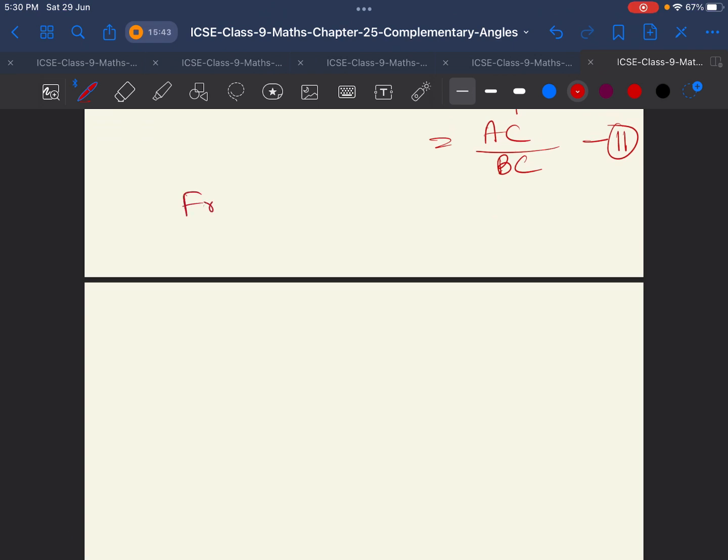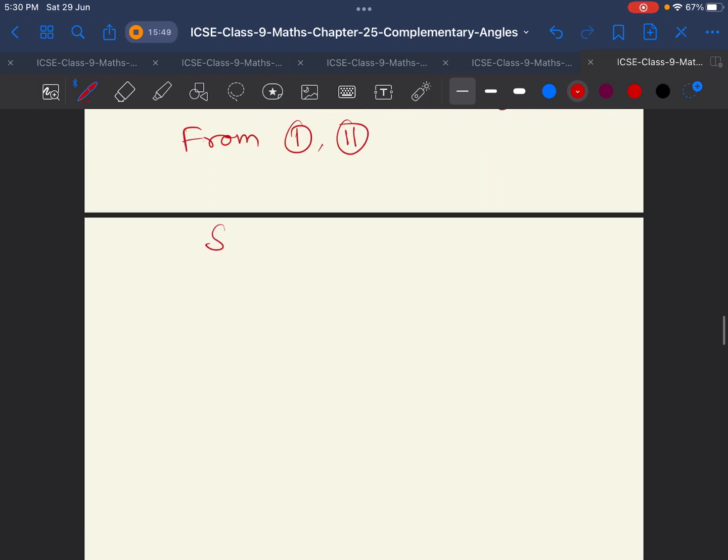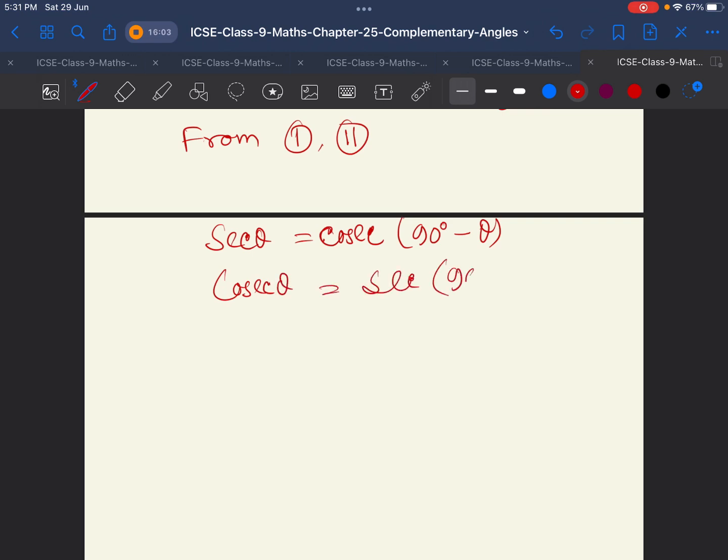From 1 and 2 we get sec theta equals cosec of 90 minus theta, and cosec theta equals sec of 90 minus theta.